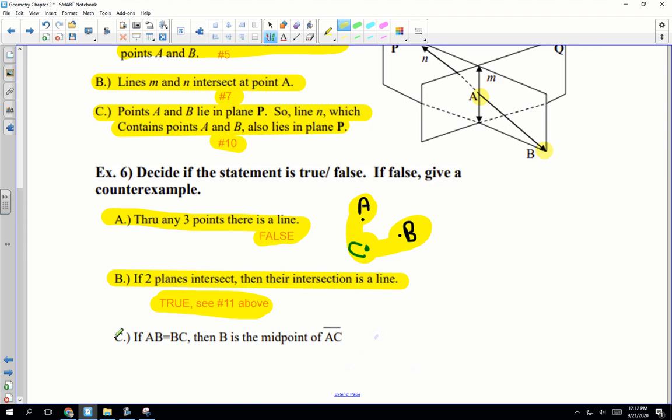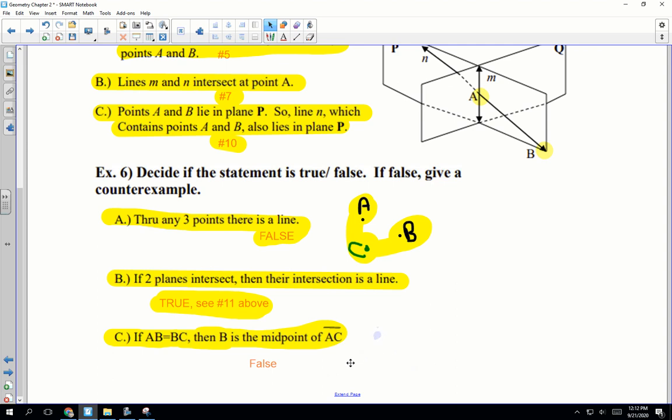All right, last but not least: if the measure of line segment AB is equal to the measure of line segment BC, then B is the midpoint of AC. And I'm going to tell y'all that this is false.